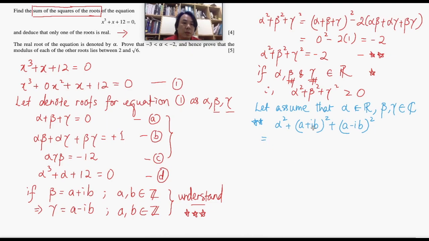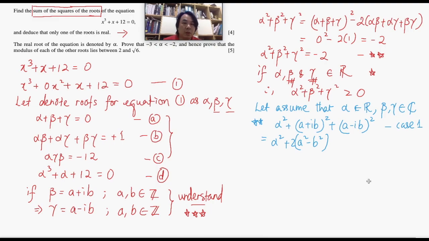Now let's try to observe this case one here. From here we found that we have alpha squared, and then plus a squared, and then eventually you get a minus b squared here, and this one is also a squared, and then eventually you get minus b squared.